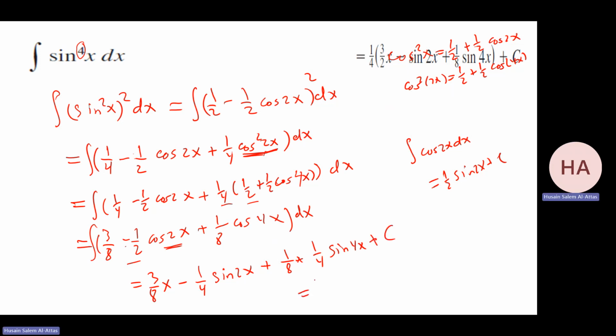If you take 1/4 common factor, you have 3/2 x minus sine 2x plus 1/8 sine 4x plus c.